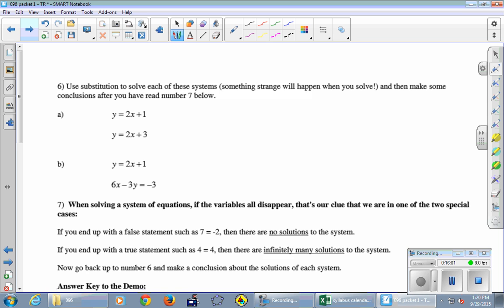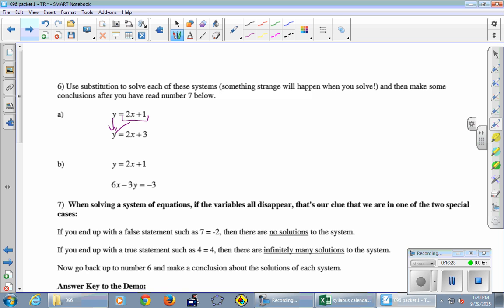So let's do this together. We are going to do substitution on part A. y equals 2x plus 1, y equals 2x plus 3, that's our system. Substitution, first step is to solve one equation for one letter. In this case, that is done, right? The first equation is already solved for y. Great. And then we're going to substitute that into the other equation. So instead of the y that we have down here, what are we going to put? 2x plus 1.